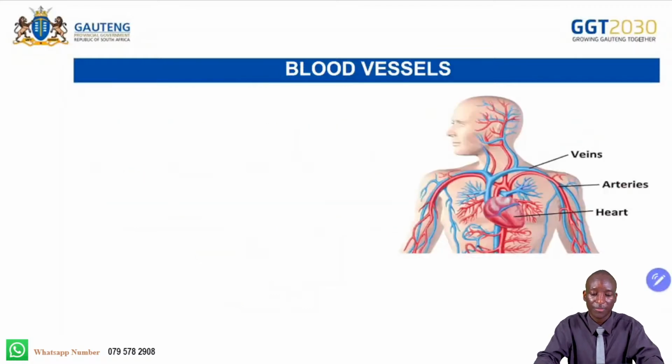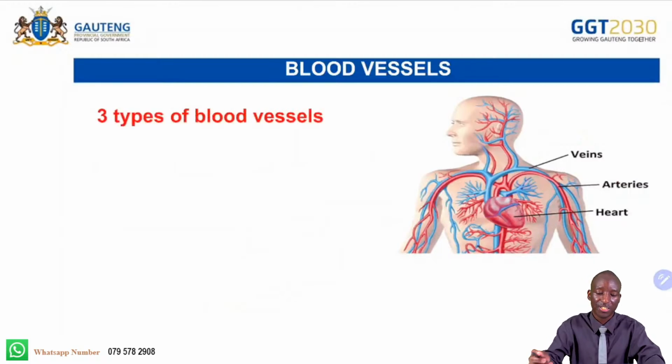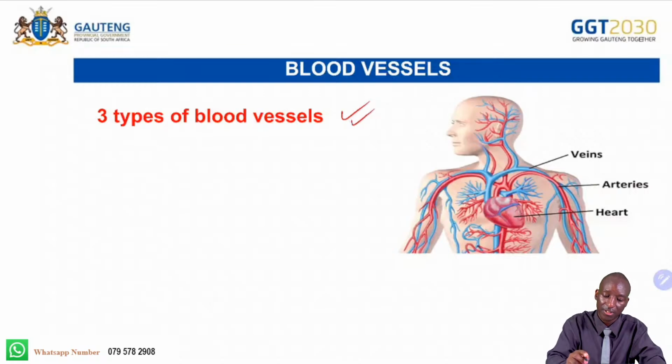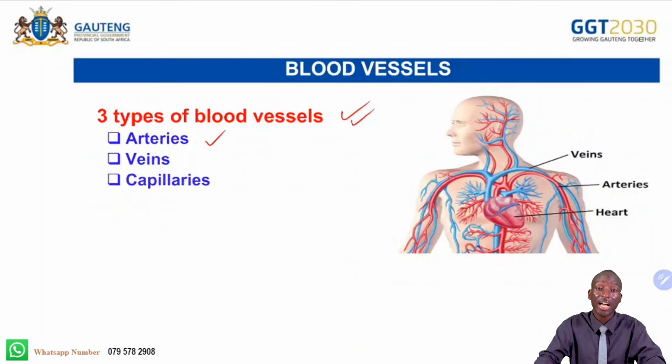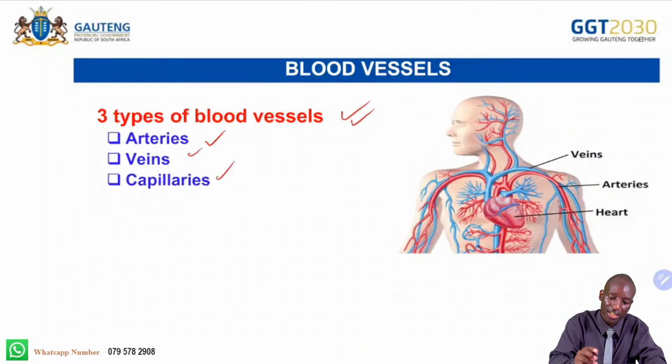Let's move on. We look now at the blood vessels. We've got 3 types of blood vessels, and these are the arteries, the veins, and finally the capillaries.